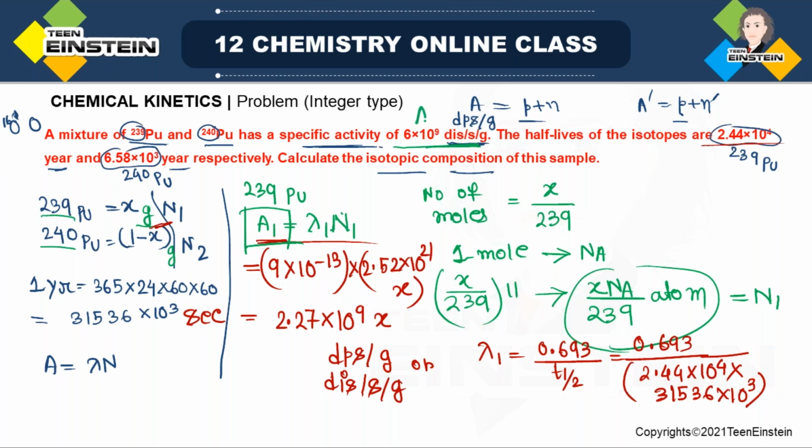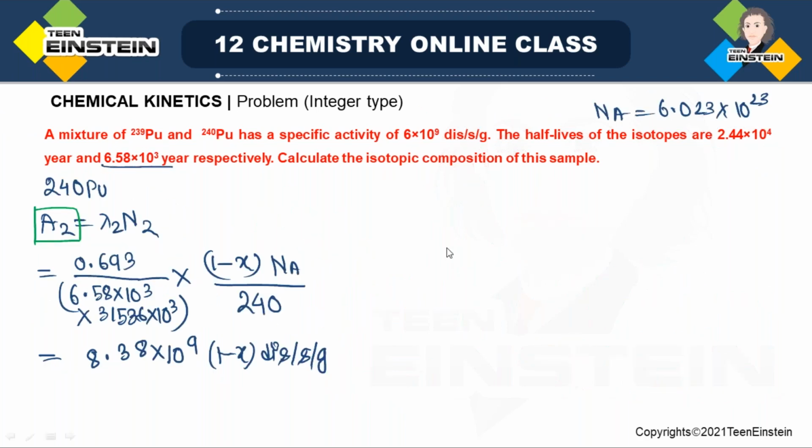So this is actually A, and A is equal to A1 plus A2. So the total activity A equals A1 plus A2. Now put in the values of A1 and A2.